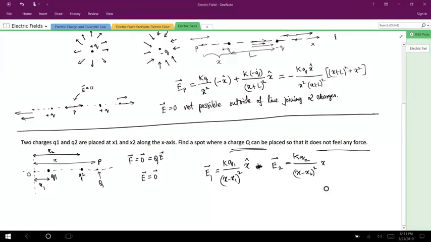And so these are the two electric fields due to the two point charges at P. And then to find the net electric field as before, we will say E equals E1 vector plus E2 vector, right? So this will bring us to KQ1 over x minus x1 squared plus KQ2 over x minus x2 squared, x hat.